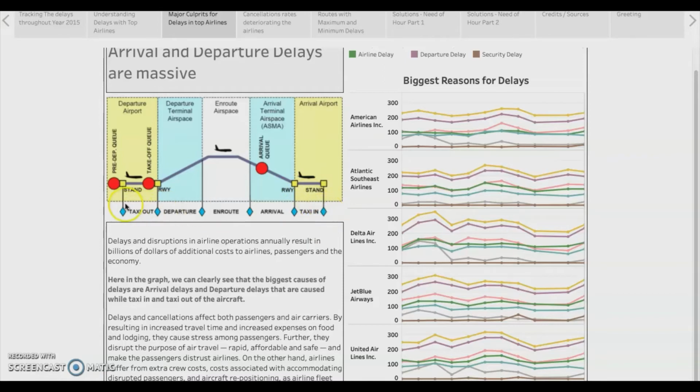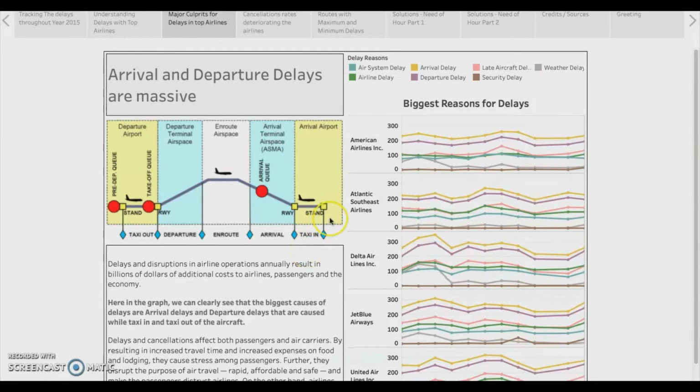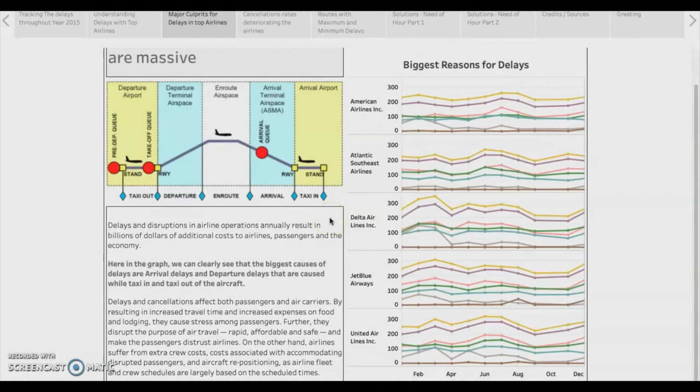So if we can curb these two particular delays, the departure delay and the arrival delay, then the major delay in the flights can be curbed, and we can put a kind of control over these delays and ameliorate the problem in a huge manner.